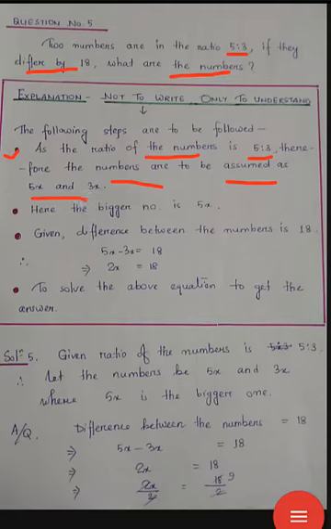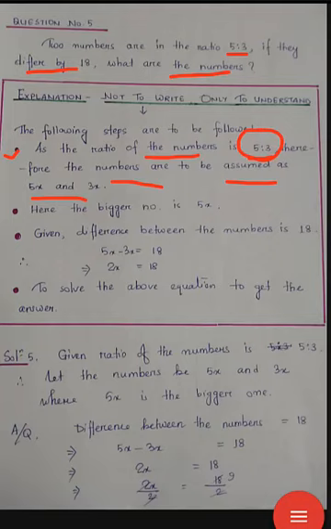This kind of sums you already got in earlier classes. So when a ratio is given, the numbers can be considered in terms of variables. Here in this case, the variable is nothing but x. Now this variable we have to associate with this ratio, and with this we can consider the two numbers as 5x and 3x.